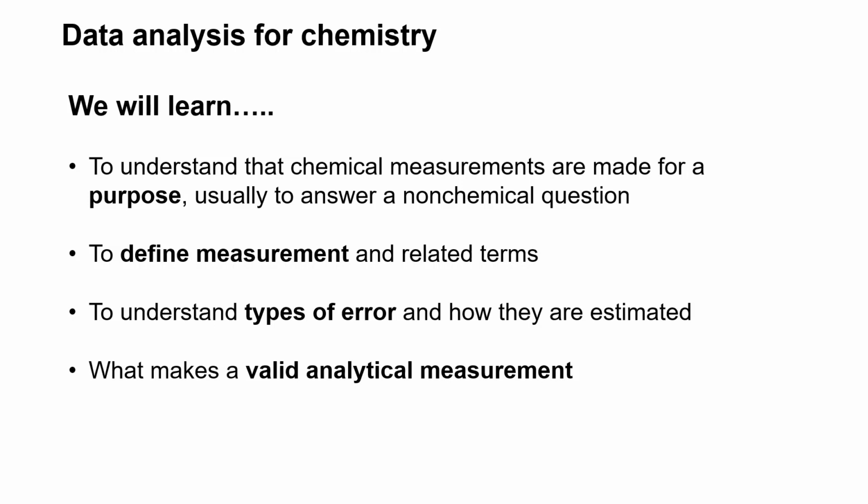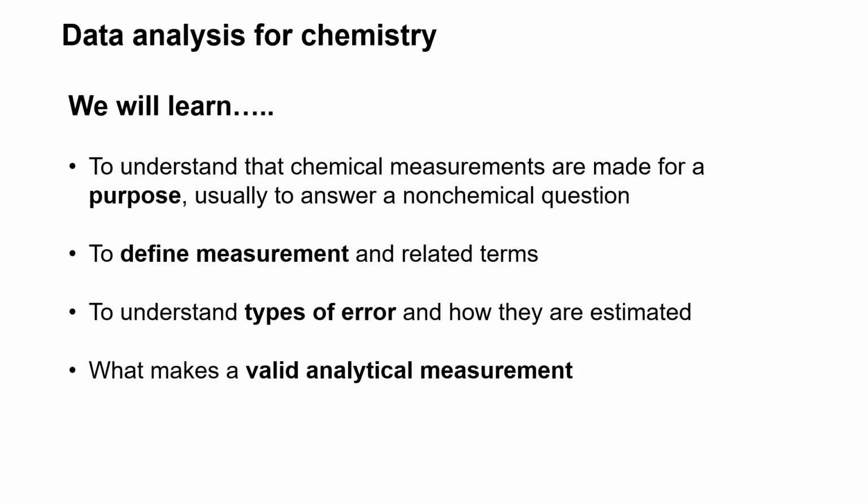Furthermore, I will explain different types of measurements, and particularly I will be talking about a few other related terms. These related terms are also very important for the elucidation of your data, and that data should be without different types of error, and how we can estimate different types of errors.